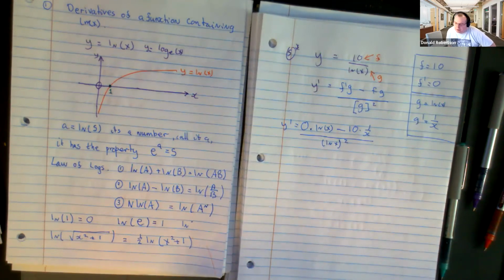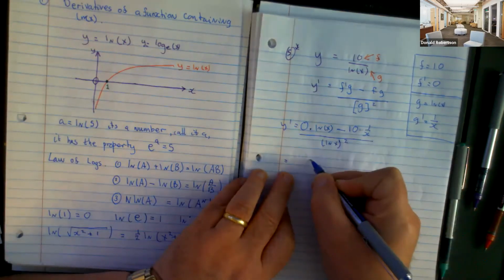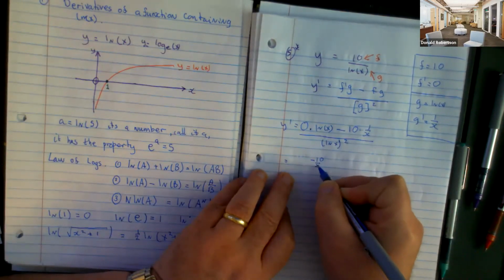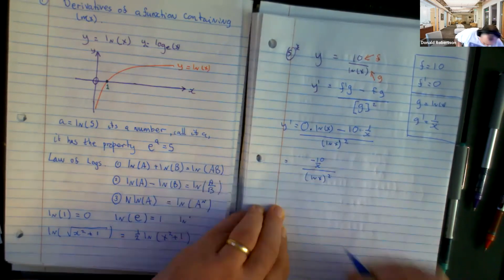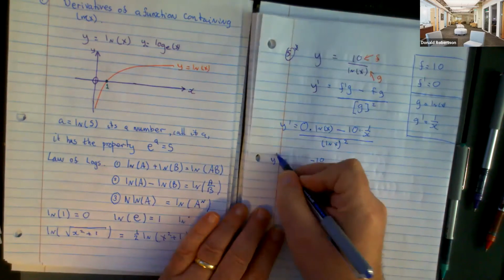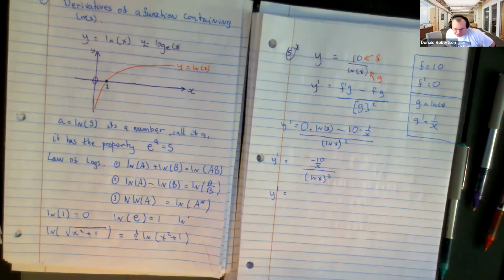We okay with that? Comfortable with that? So that's just nothing. That's negative 10 over x. And this guy is the natural log of x squared. We've got to do what best we can.